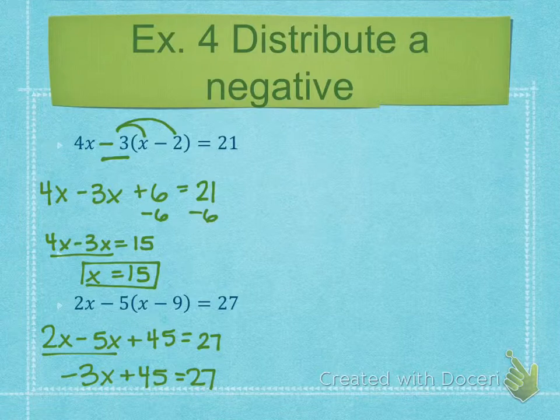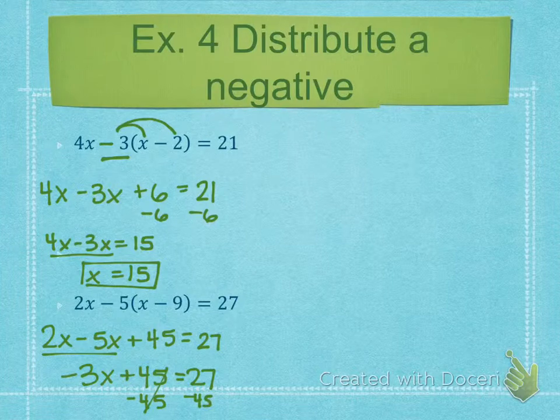Elizabeth, what would I do now? Divide by negative 2. Have I combined all my like terms yet? Okay. What would I do, Anna? Help her out. You would subtract 45 from both sides. Very good. Subtract 45 from both sides first.